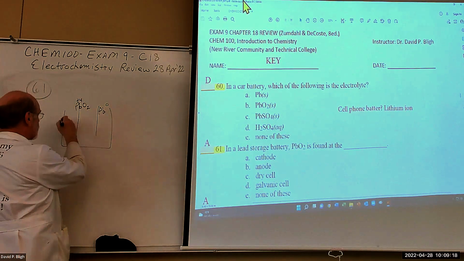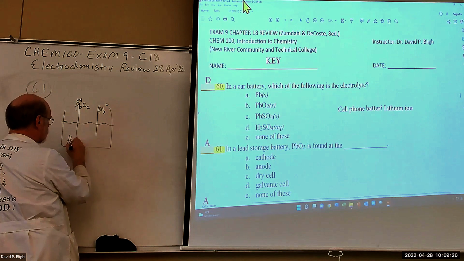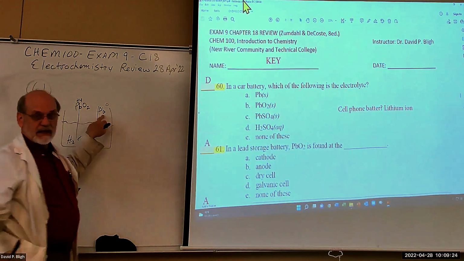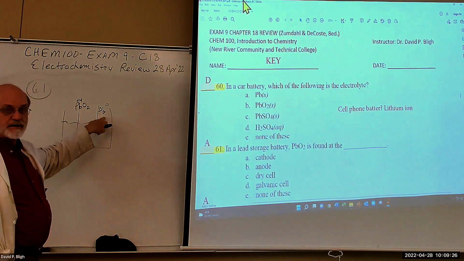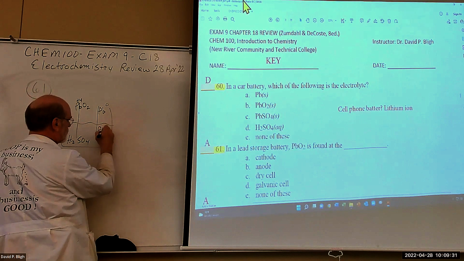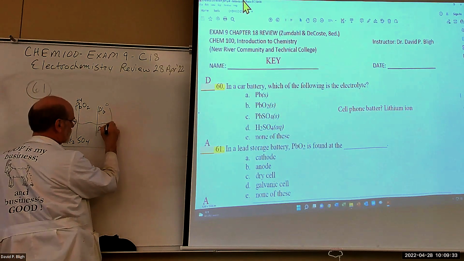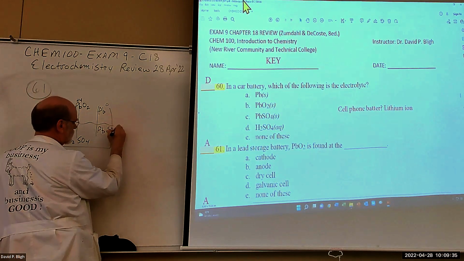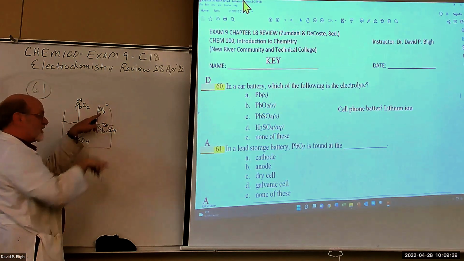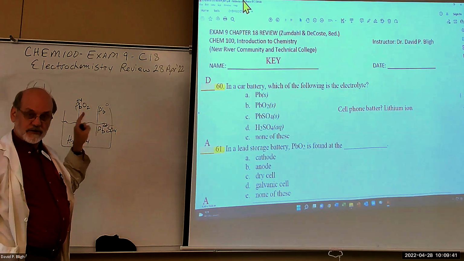Down here, you have sulfuric acid. So this one is going to oxidize and become lead sulfate with a 2+ charge. For this one, that lead atom has lost 2 electrons.